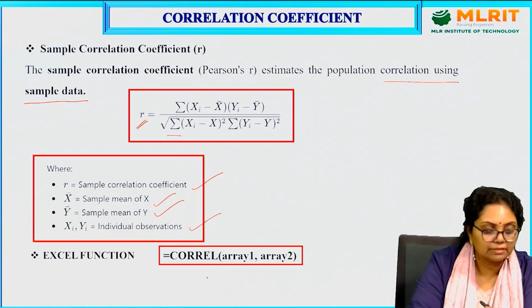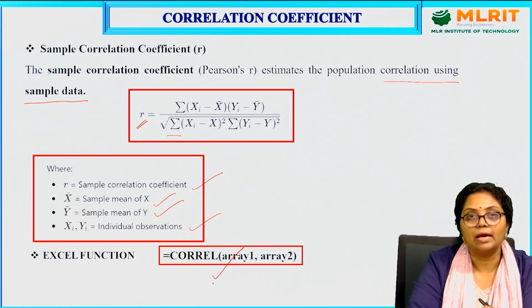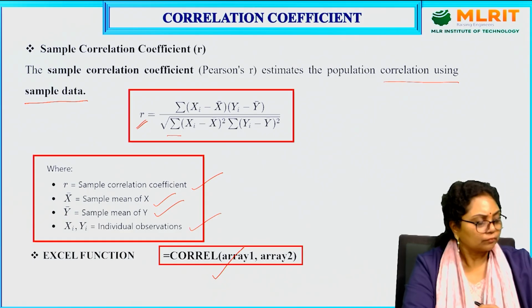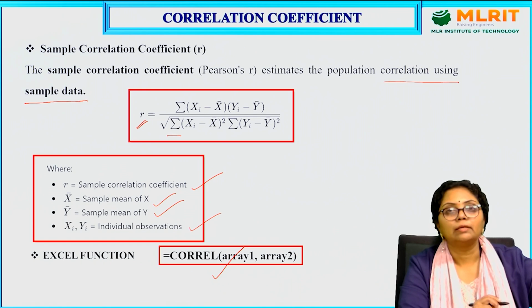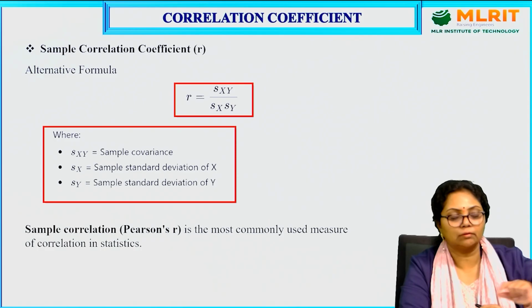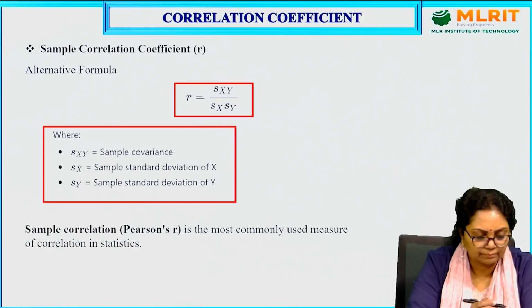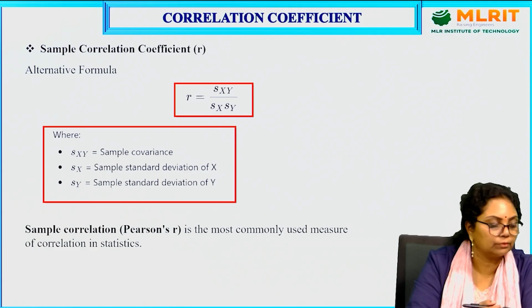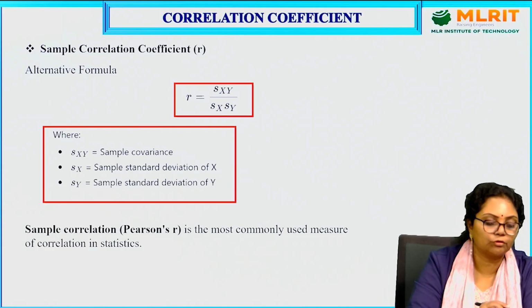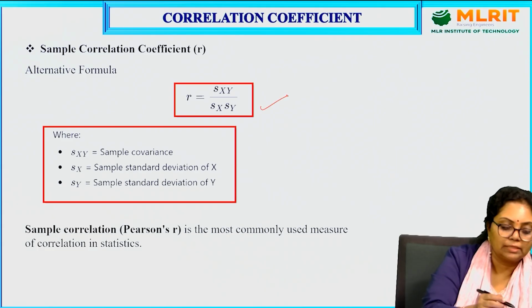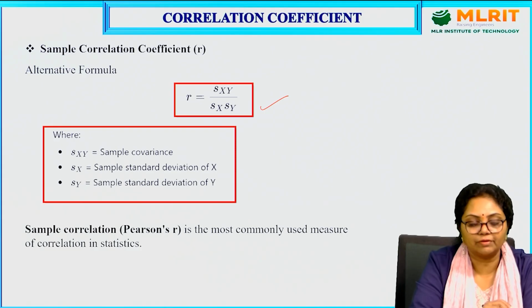Now if you look at the previous formula which we used for population correlation, the same function we are going to use: CORREL(array1, array2). So these are the formulas used under the correlation quotient, population correlation, and also sample correlation quotient. For the sample correlation quotient there is an alternative formula also: r is equal to S of xy divided by S of x into S of y.